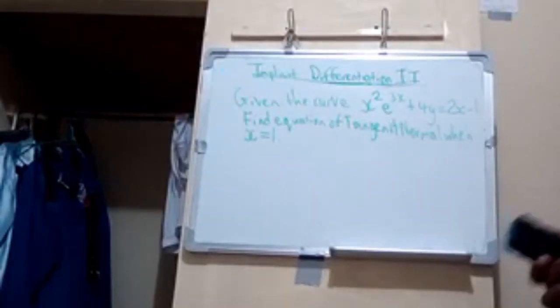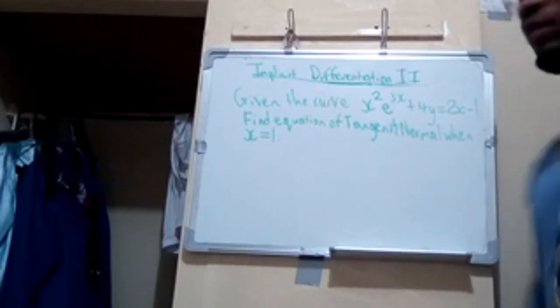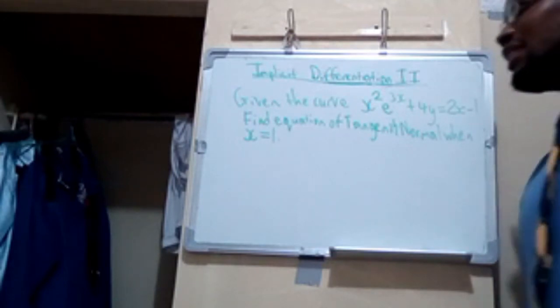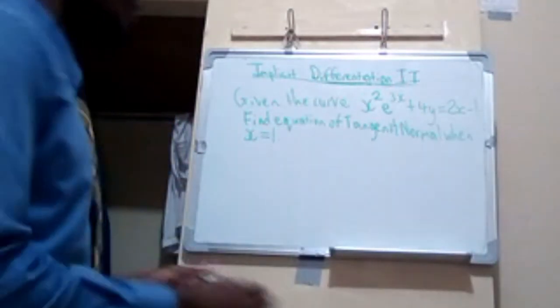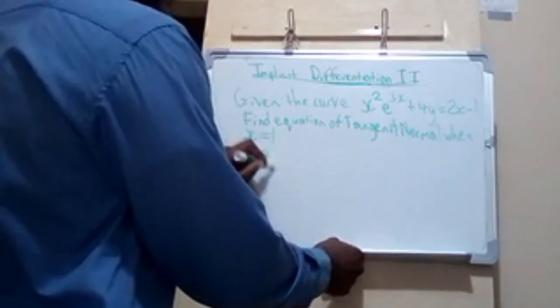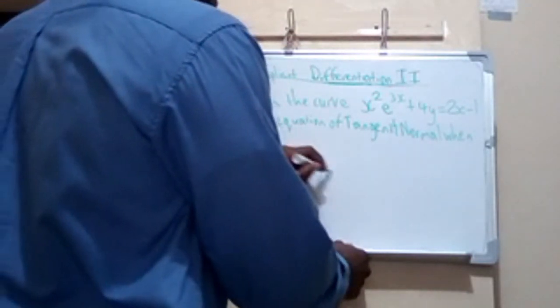So this says, given the curve x squared e to the 3x plus 4y is equal to 2x minus 1, find the equation of the tangent and the normal when x is equal to 1. We're all good, right? So look at it now. This is the curve: x squared e to the 3x plus 4y is equal to 2x minus 1.